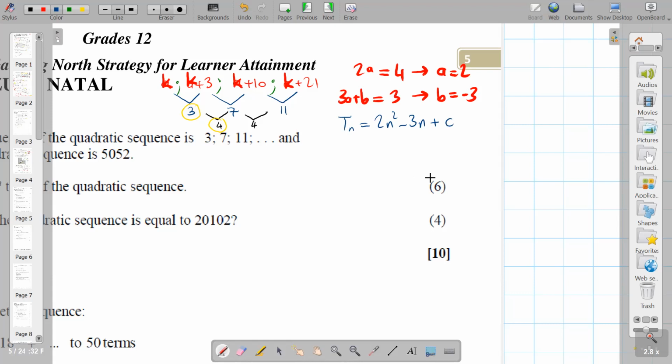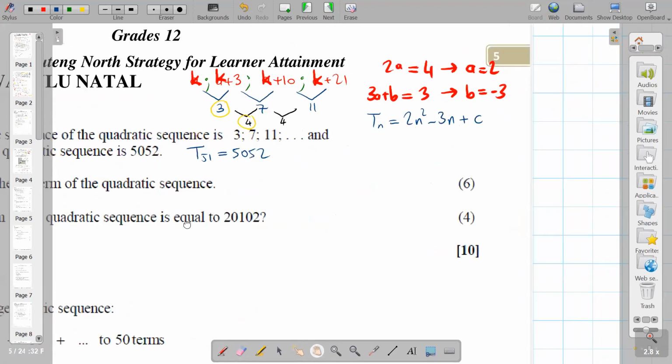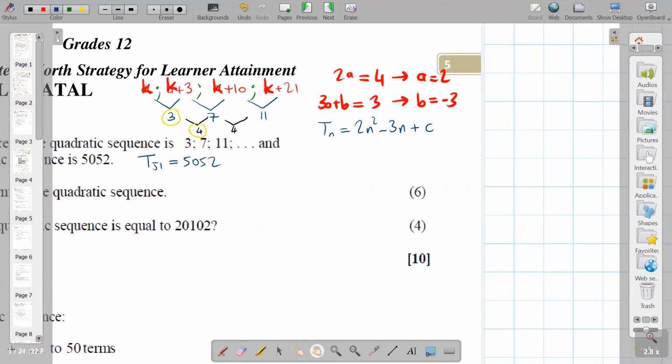I don't know C, but I know something quite nice because the 51st term, T51, is 5052. So I will use that information. Since I don't know the first term, but at least I know the 51st term, if I substitute not 1, but 51 into that formula, I can get somewhere.